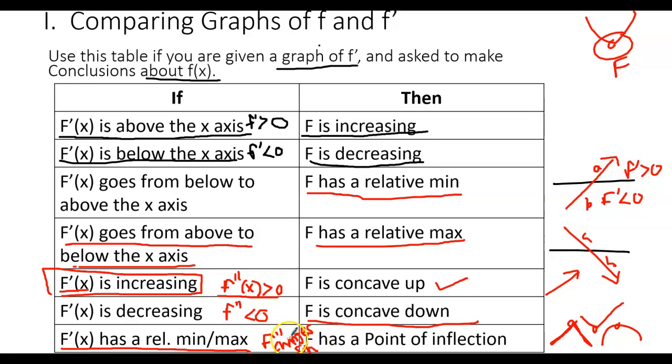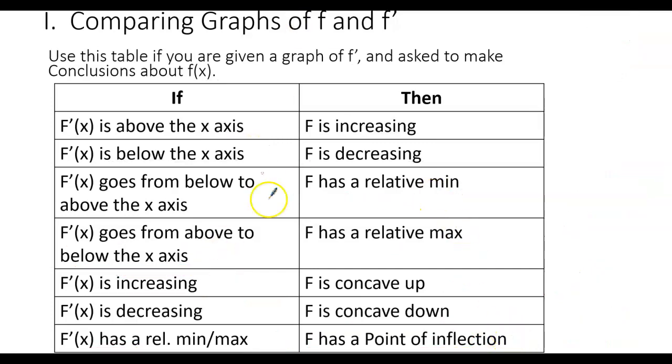And anytime f double prime changes signs, it's going from concave up to concave down or vice versa. And that is a point that we call the point of inflection. So this is the more common way that these questions are asked, where they give you a graph of f prime and ask you to draw some conclusions about f double prime. And these are the most common types of scenarios that they will ask about. So keep that in mind.